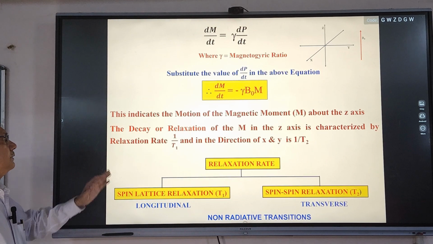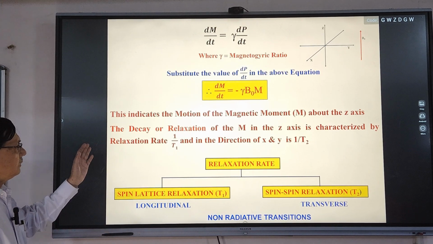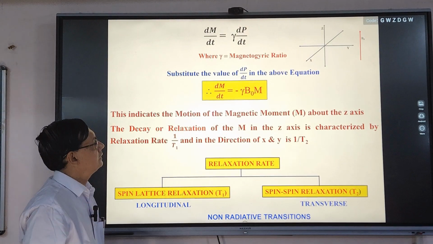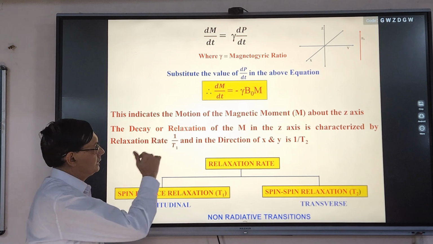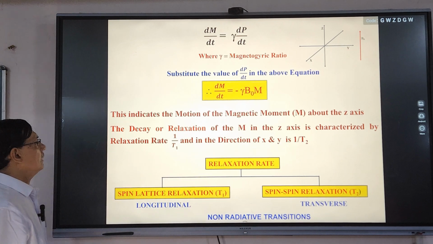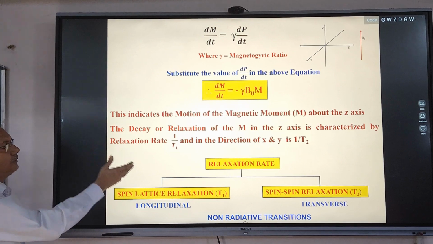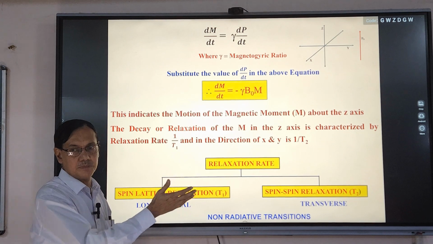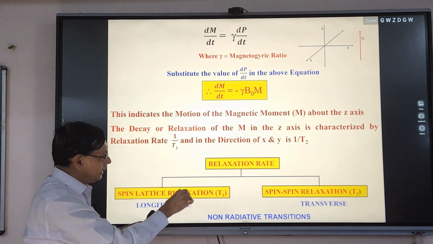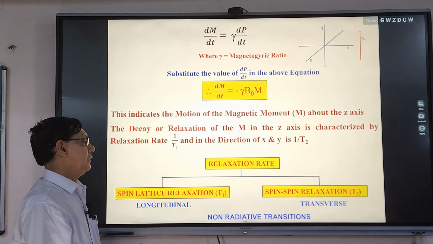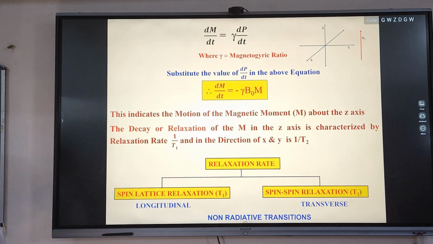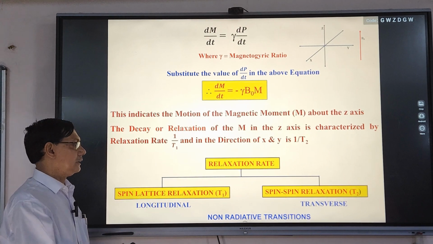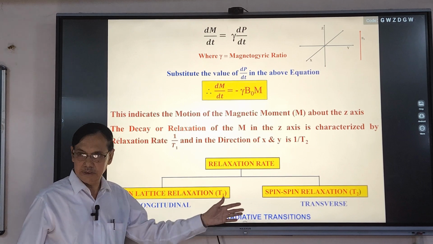Now there are two possibilities. One, the decay or relaxation, the release of energy, along the z-axis, and second, the decay of the relaxation in the x and y axes. That type of decay or relaxation can be divided into two parts. And of course, both these relaxations are non-radiative transitions.